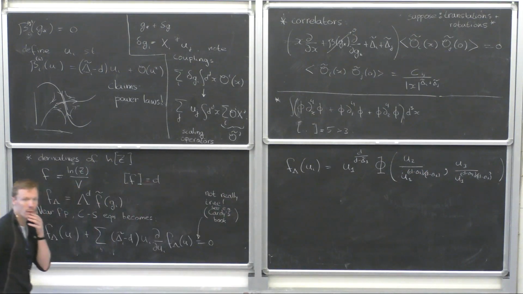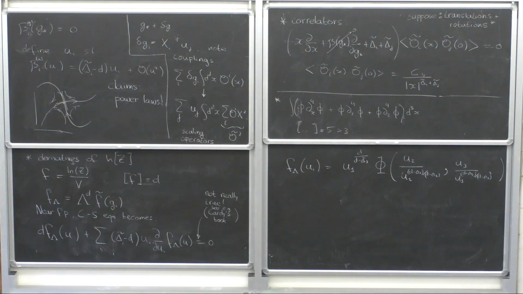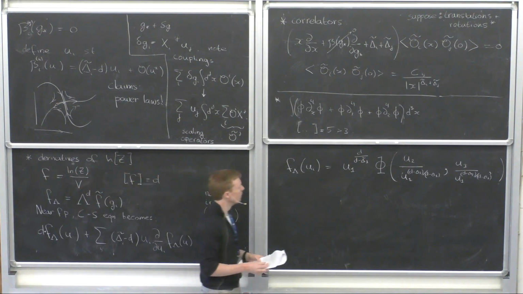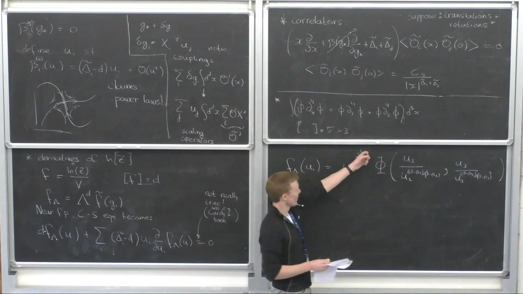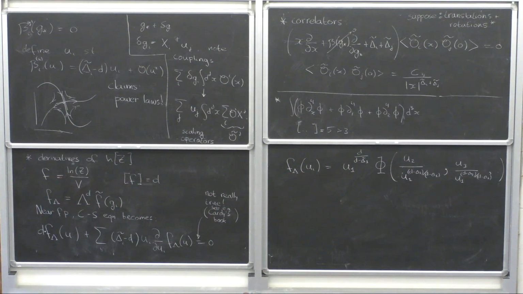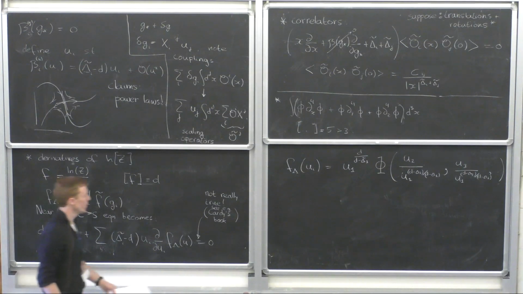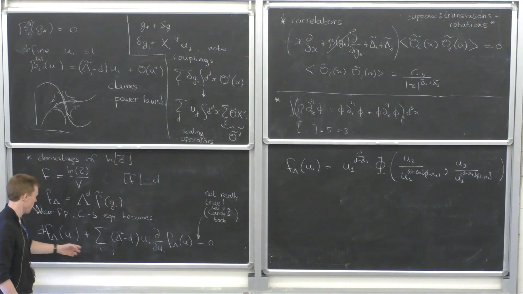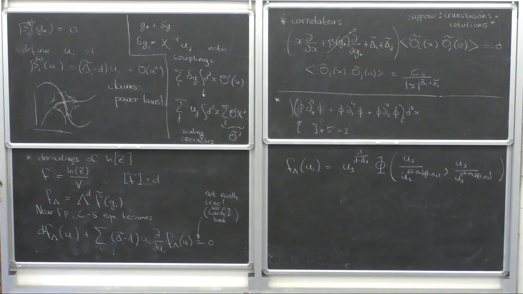Yes? Be sure the first d in your last line on the left is not a difference, it's the dimension. Yes, it's the same d, and it's all the d's. So what you find is that you can solve this equation. It tells you how the coupling dependence must be.